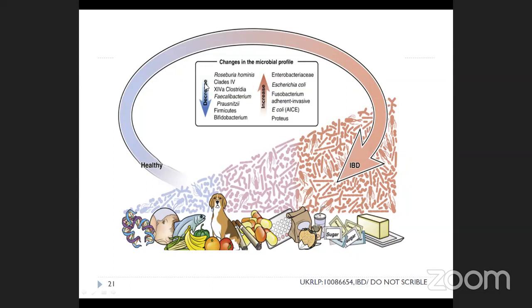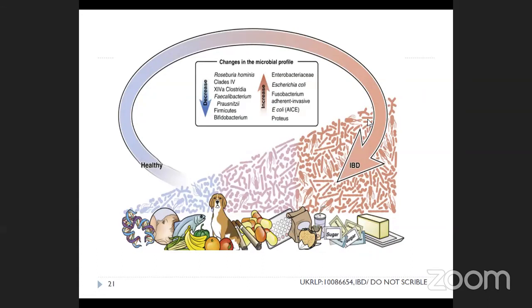It has been proved that a decrease in organisms like bifidobacterium or intestinal luminal bacteria of these kinds increases the chances of inflammatory bowel disease. And these are the bacteria whose changes in the microbiota in the lumen increase the chances of inflammatory bowel diseases.